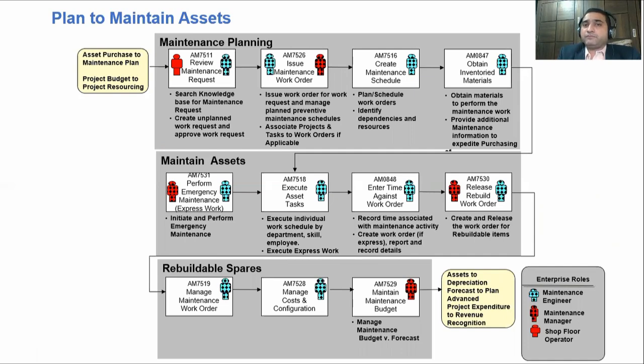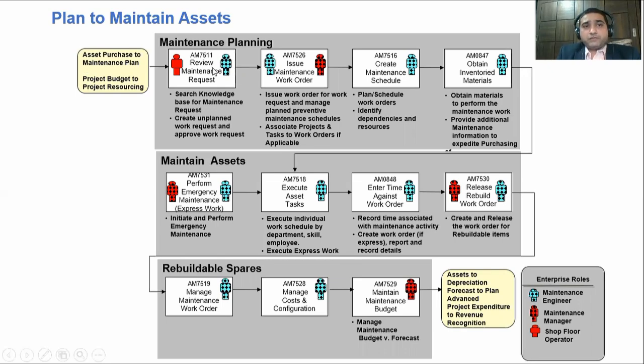And if we are using any project budget to project resourcing, there also might be some assets or equipment purchased for the execution of those projects, which may be part of that.